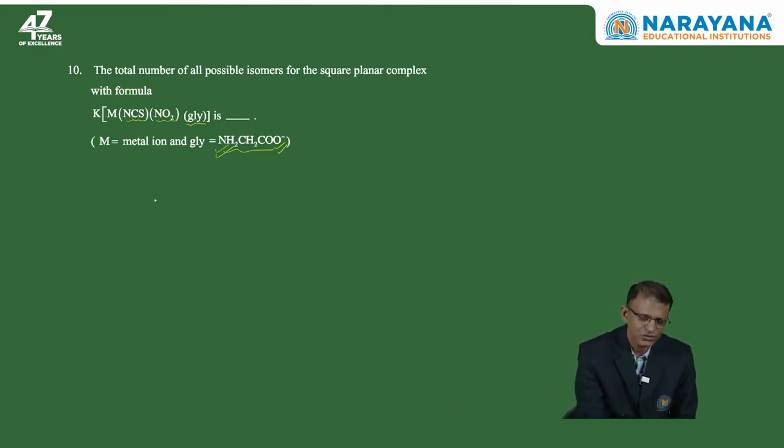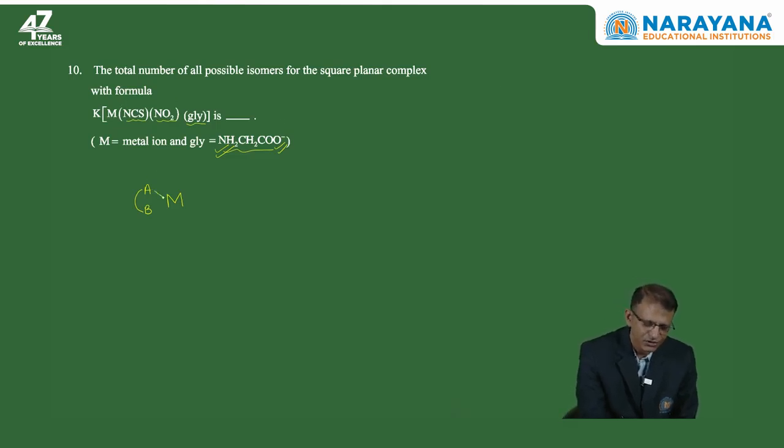So if I try to draw the structure, the square planar structure, I can say that the bidentate ligand is always present at the cis position. Since the donor atoms are different, I can write A and B. And here there are many possibilities of linkage isomerism because these two are ambidentate ligands. So we first try to write this structure.